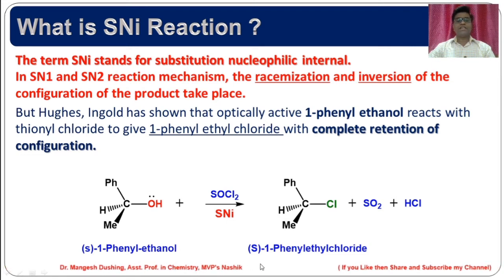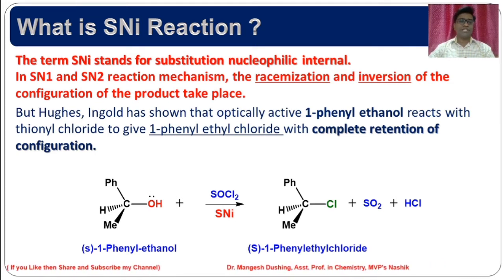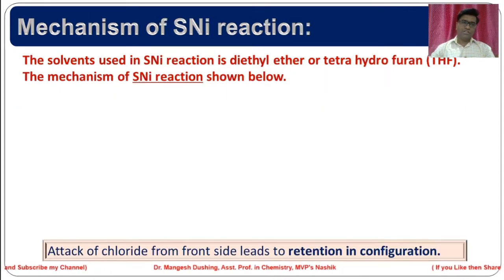S remains S. Suppose that is R, then R remains R. So that is called retention of configuration. The configuration of substrate as well as product is going to be the same. So the SNi reaction mechanism gives us retention of configuration. So why are we getting the retention of configuration?